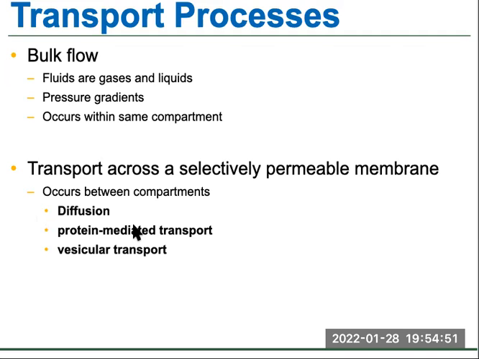That's our membrane-mediated transport. Or does it enter the cell in a vesicle? So that's our vesicular transport. And as we'll see, we can also categorize membrane transport by whether or not it requires energy. So that's our passive transport versus active transport. And in active transport, there are more subclasses that we'll go into.